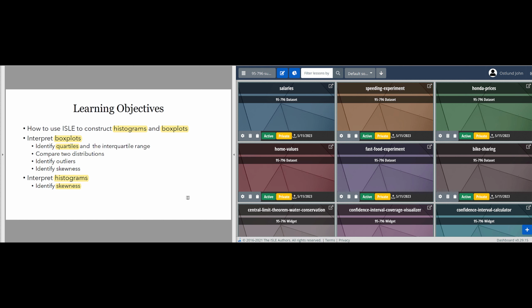You can also identify the lower quarter and the upper quarter of the data. You can identify outliers in the data, skewness of the data. Also, it makes it easy to compare two distributions of data side by side to see whether the two appear to be the same or appear to be different from each other.